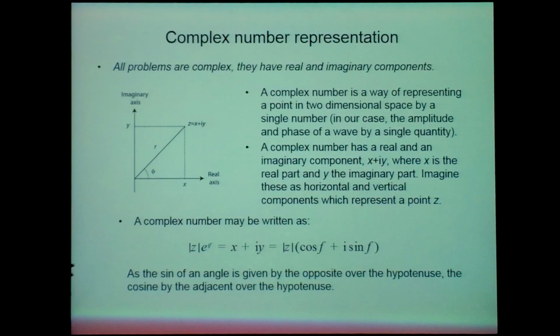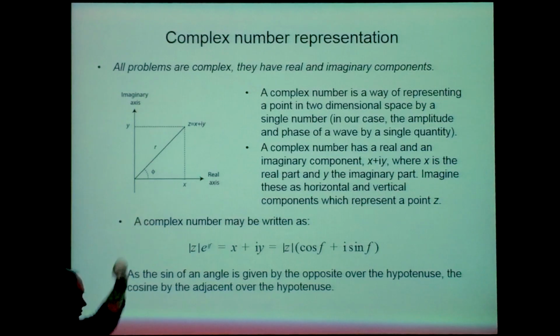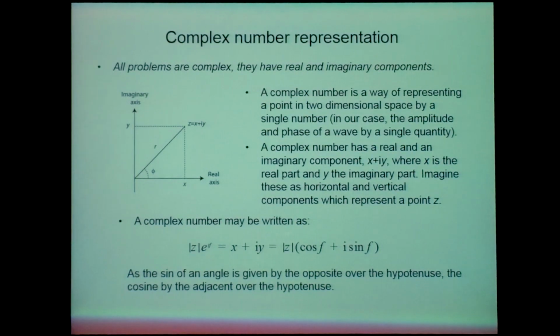But this is what's called an Argand diagram. It expresses a complex number as a real component, the x-axis, and an imaginary component, the y-axis. If we imagine our wave here, this wave has unit amplitude.